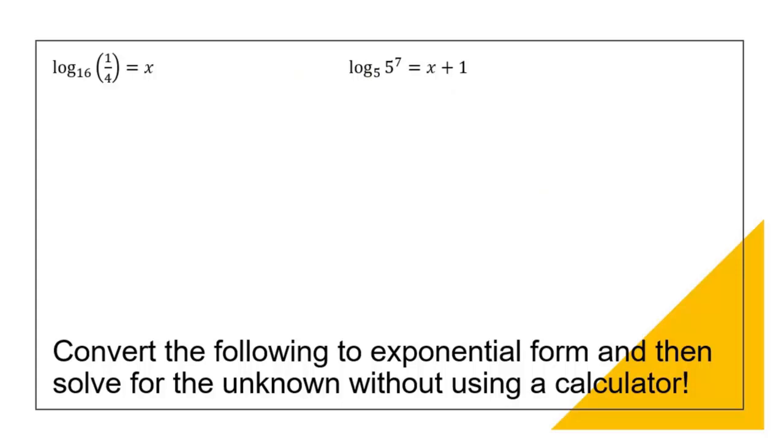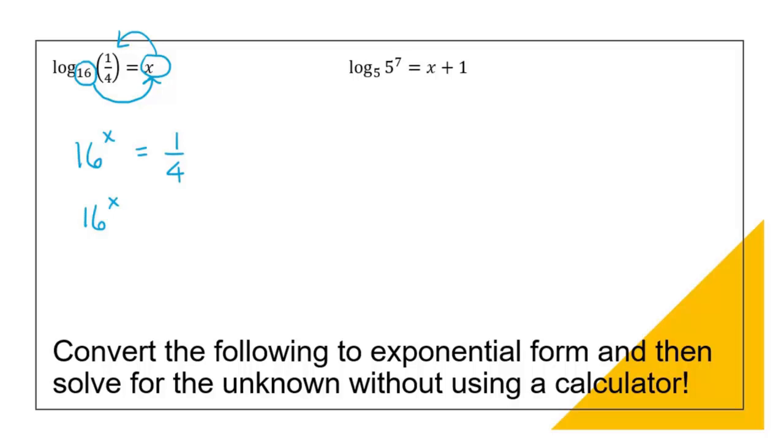Here we have the logarithm of 1/4 to the base 16 is equal to x. In other words, this question asks, 16 raised to what power gives me 1 over 4? So 16 raised to the power of x is equal to 1 over 4.